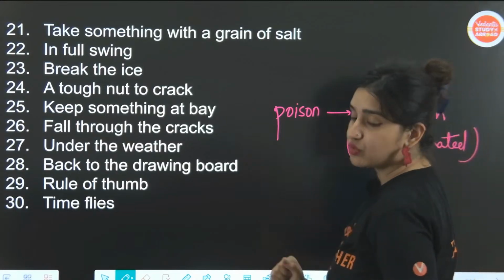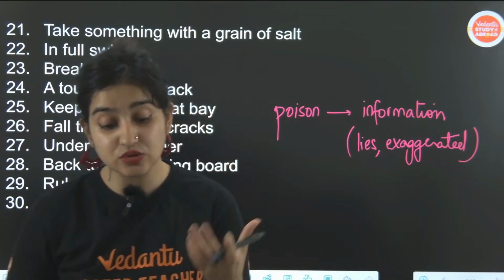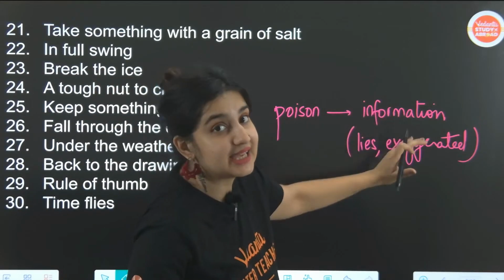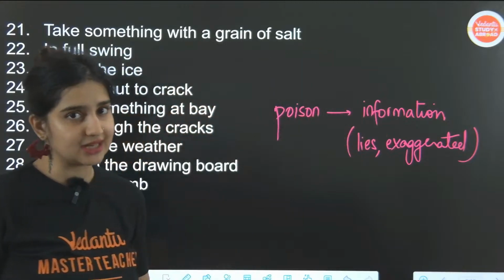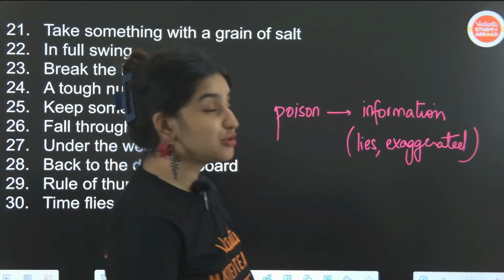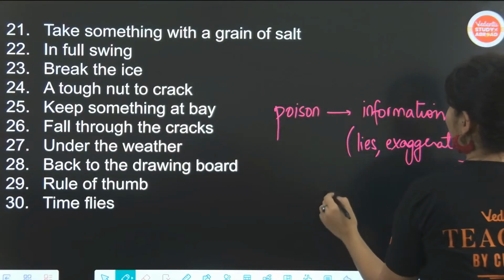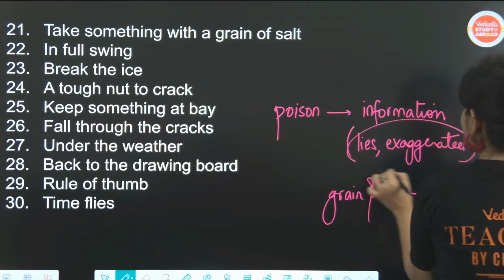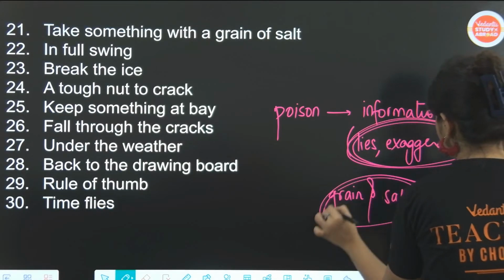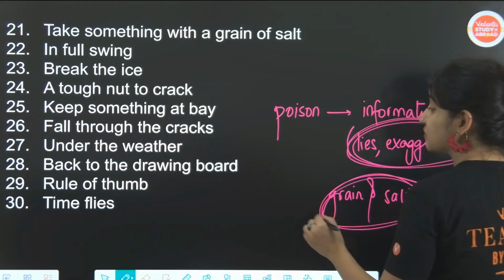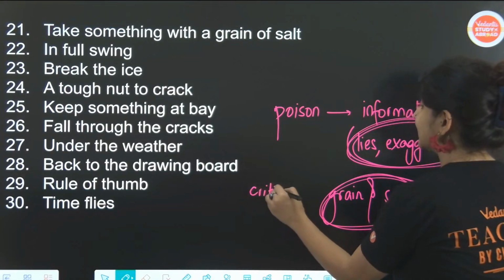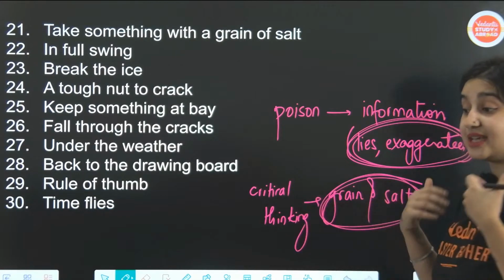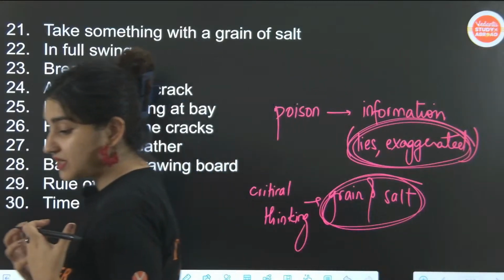Something that is untrue in that information. Somebody tells you something, and it has a degree of lie in it or some sort of exaggeration in it. That's the poison. So what should you do? You should take this poison with a grain of salt. What that means here is, against this, this will work. And in this case, grain of salt is what? Your own critical thinking, right? This is how the idiom developed.